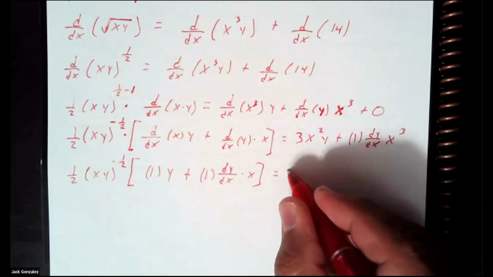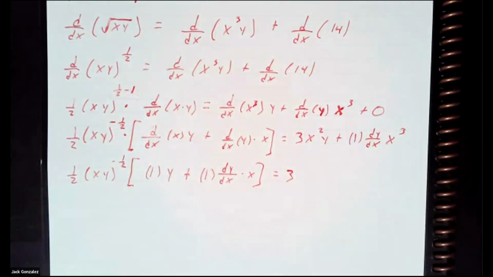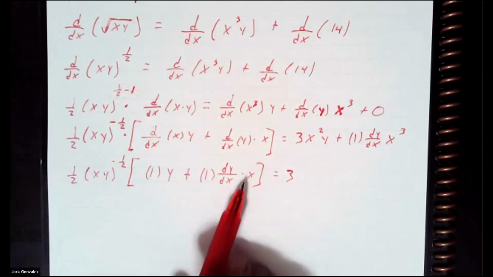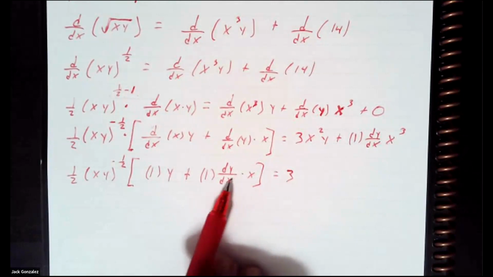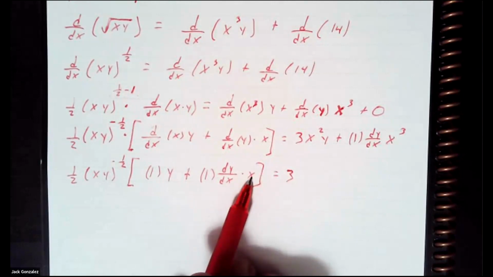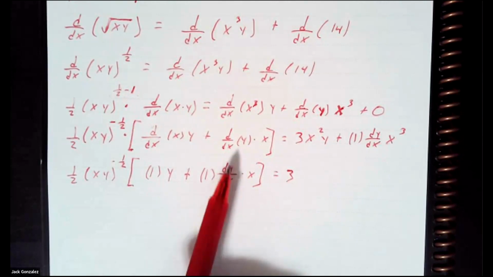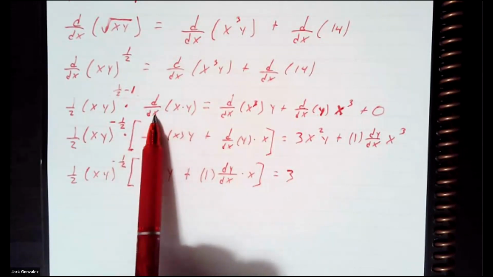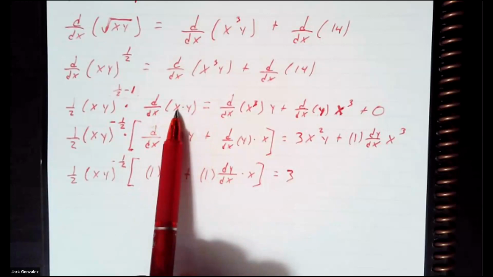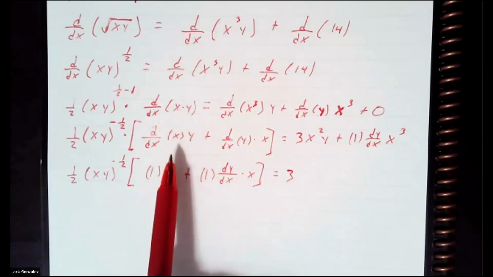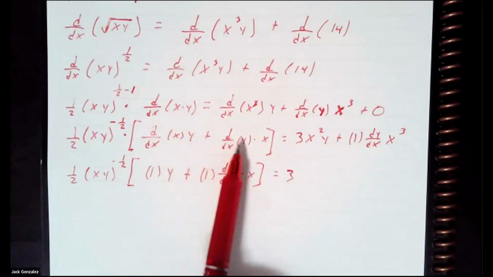Can we not say 1 instead of the x? I'm sorry? You said the derivative of y is 1 and then dy dx times x. The last x, can that be 1 or not? This x? If I were to do a derivative of this, it would be 1 with respect to x. But I'm doing a chain rule because it's technically a derivative of x times y. So this turned into this product rule. Okay, got it.